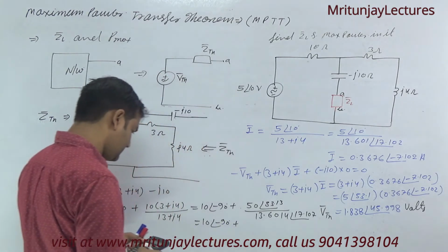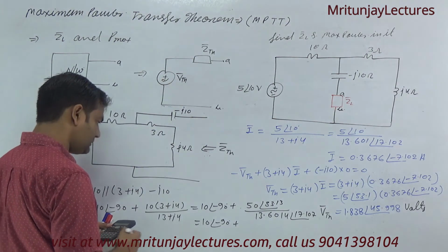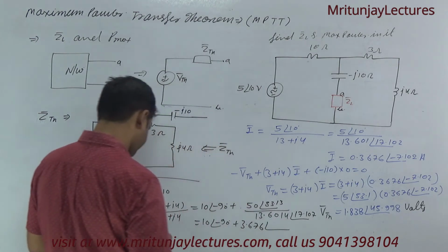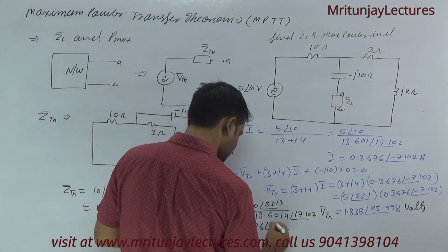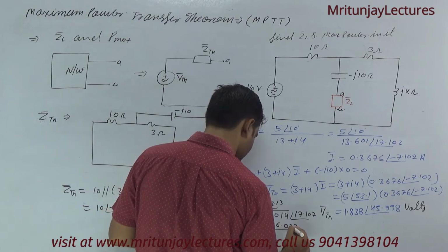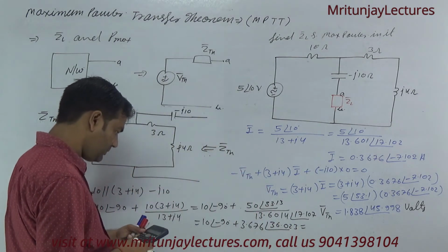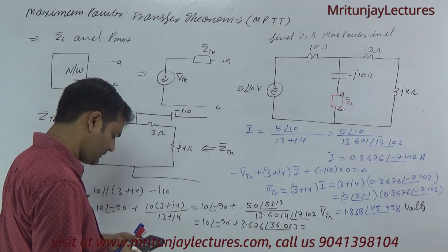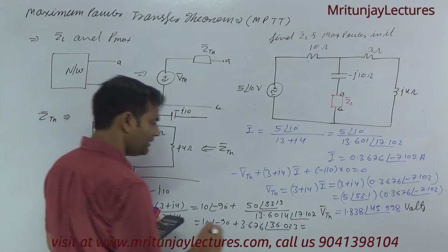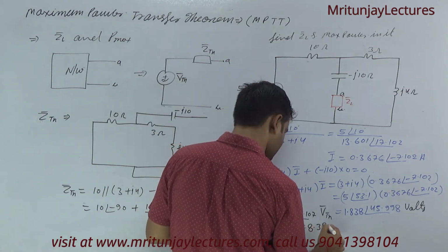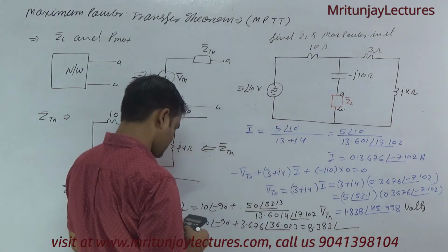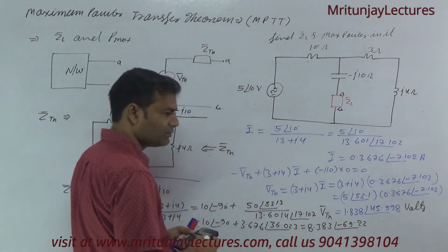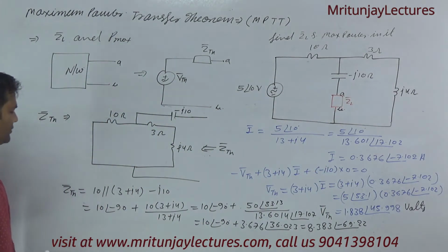This is written as 3.676 at the angle 36.023. Now finally plus 10 at the angle minus 90, it is written as 8.383 at the angle minus 69.22. That is ZTH.